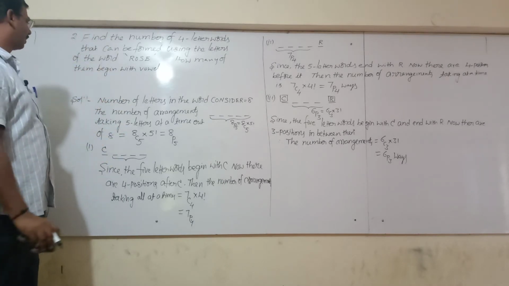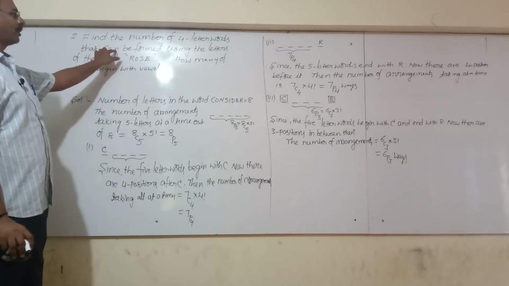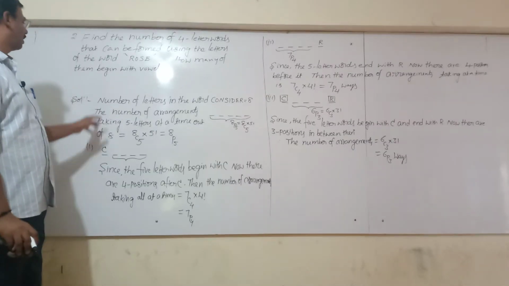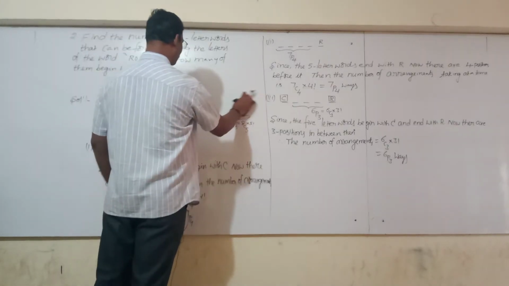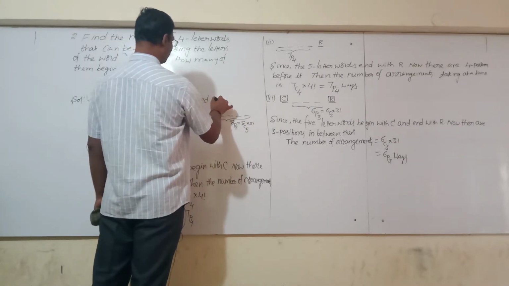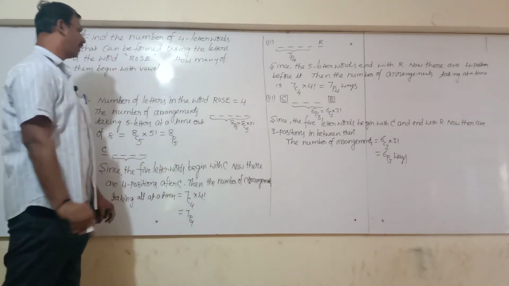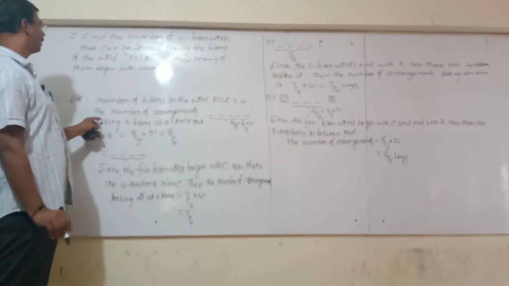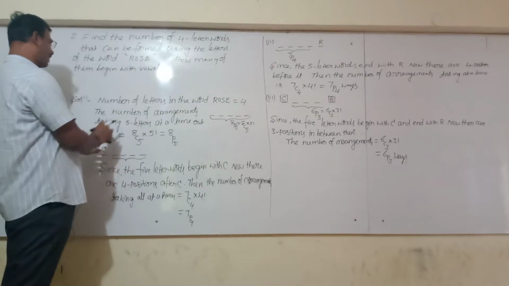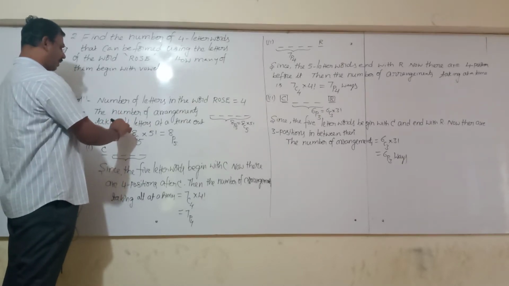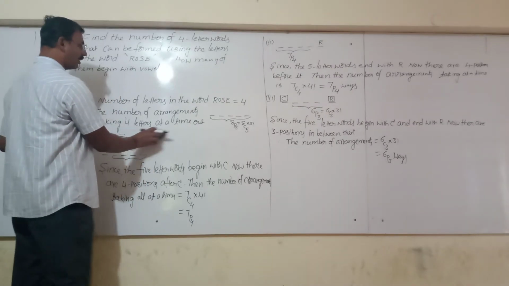Okay, find the number of 4 letter words. Firstly, using permutation. The number of letters in the word ROSE is equal to 4. The first question: find the number of arrangements taking 4 letters at a time, that is, taking all at a time.